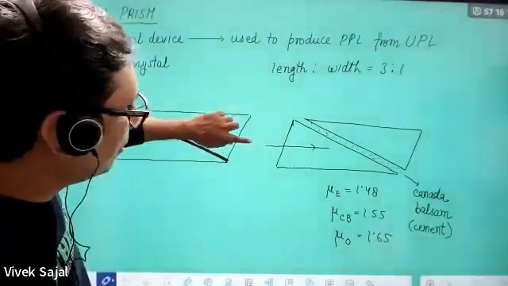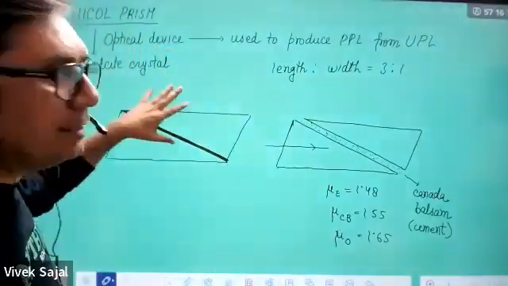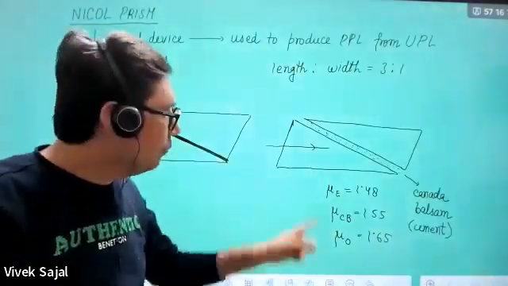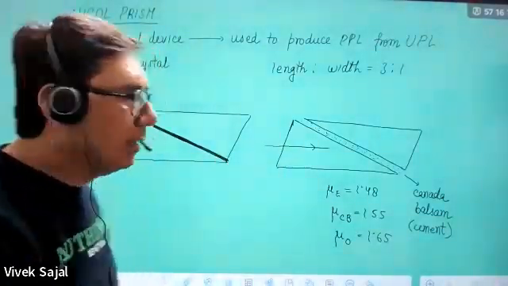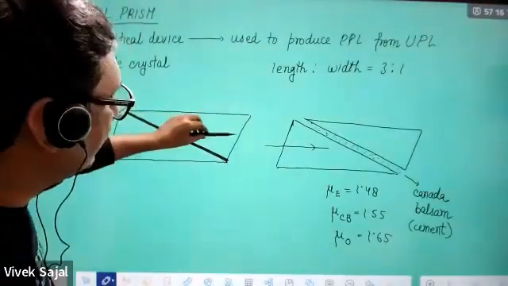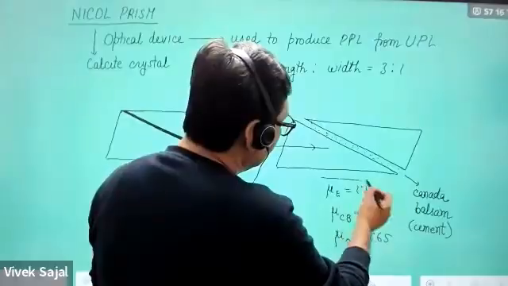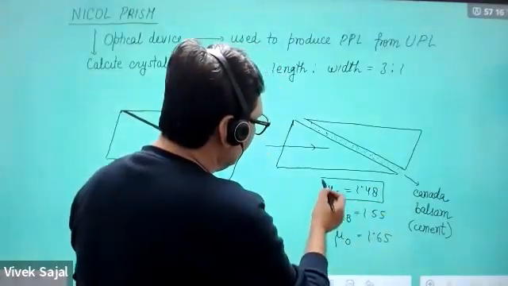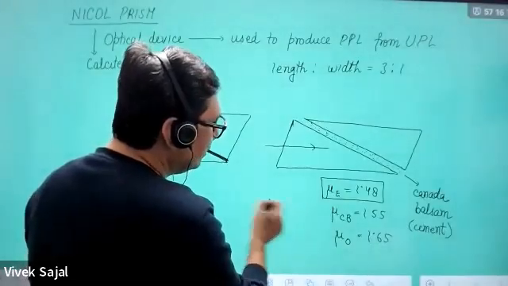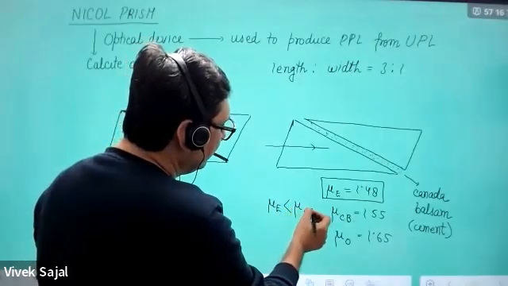In this direction, I'm talking about a particular direction. This calcite crystal is a doubly refracting crystal. It will have different refractive indices for the E ray in different directions, but I'm talking about this direction. In this direction, the refractive index of extraordinary light, mu E, is less than the refractive index of Canada balsam.